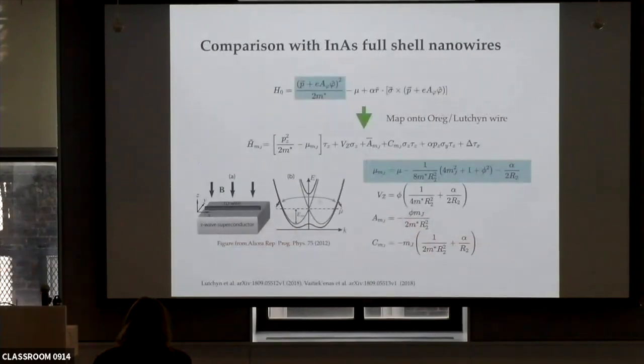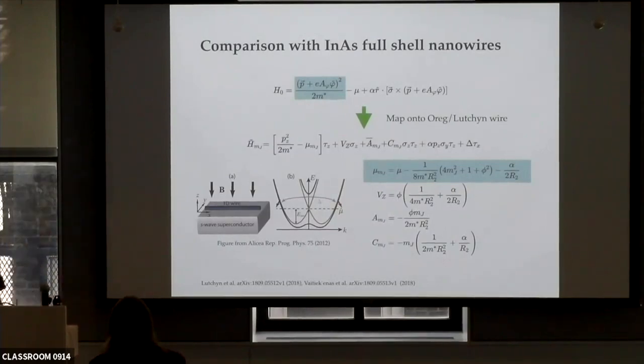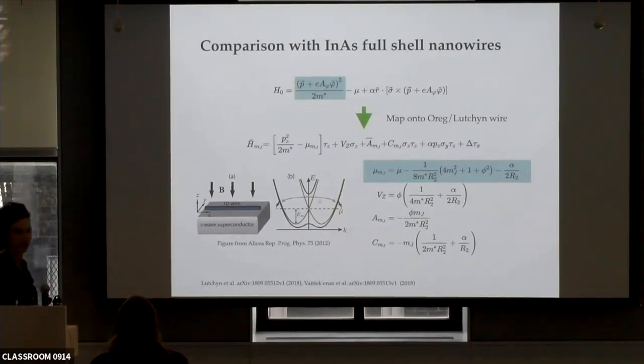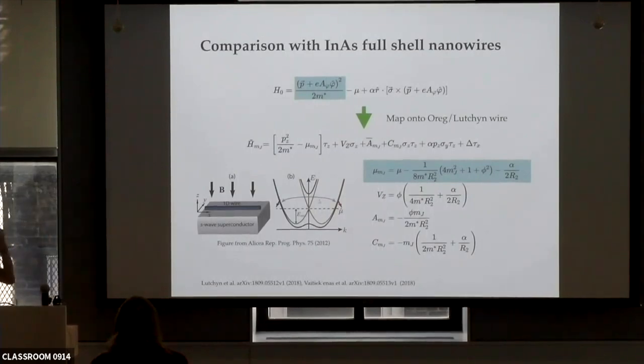And now, whoever has been following the debate about how to induce superconductivity in 1D wires may have seen a couple of works that came out recently from the groups at Station Q. There was a theory paper that claimed essentially the same, that you want to have full shell superconductivity even in indium arsenide wires. Here's the essence of what they're doing.